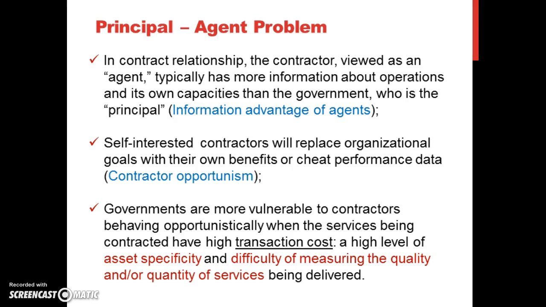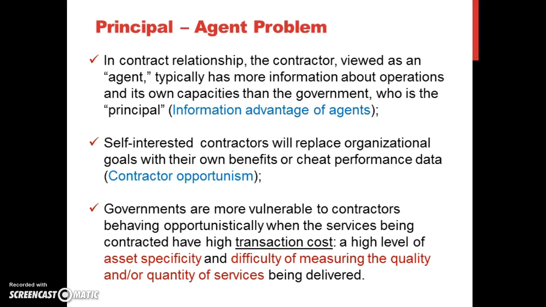The issue of contractor opportunism in contracts was raised by an economic model of contract called the principal-agent model. So we call the overall framework, including contractor opportunism, the principal-agent problem. The principal-agent model explains that in a contract relationship, the contractor, viewed as an agent, typically has more information about service operation and its own capacity than the government, who is the principal in the contract.